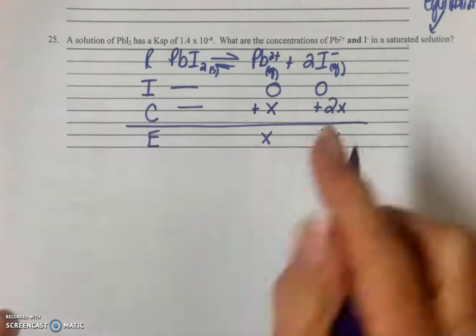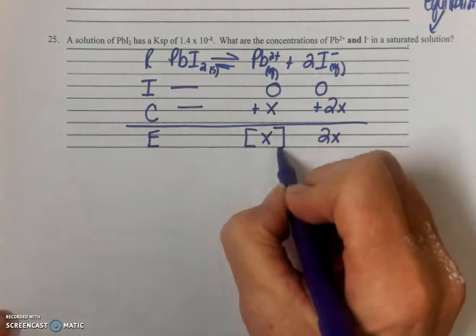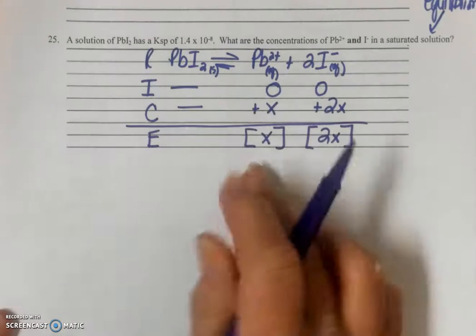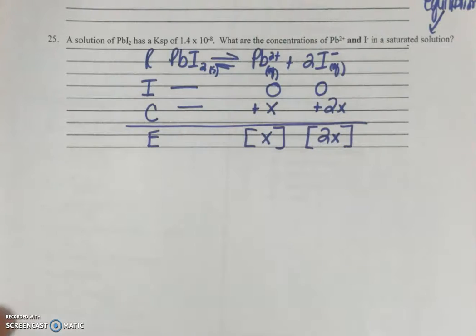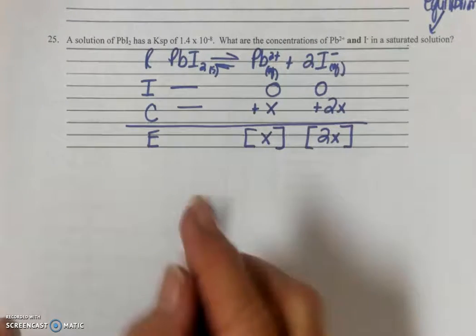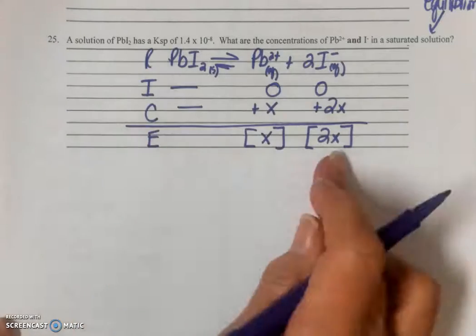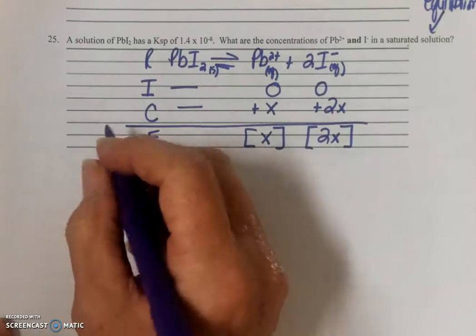Okay, that's what my concentrations are. In fact, I'm going to put little labels here. My equilibrium concentration of lead is x, and my equilibrium concentration of I is 2x. So what I've got to do is find x first, don't I? So I'm going to use KSP to do that.